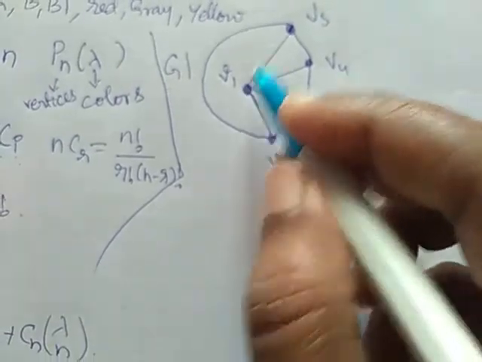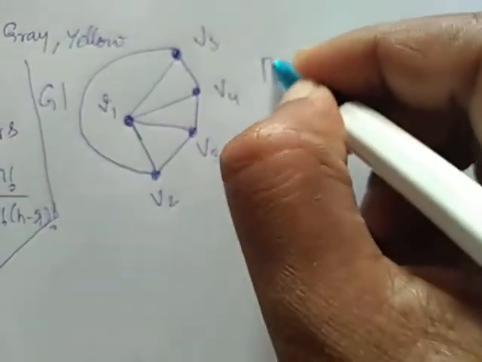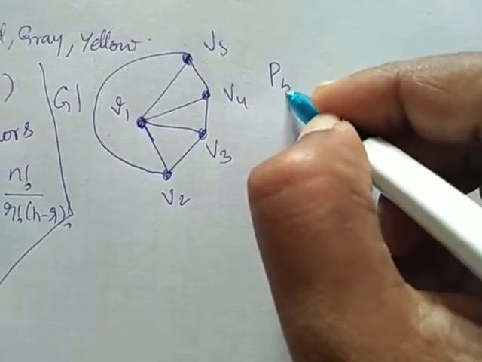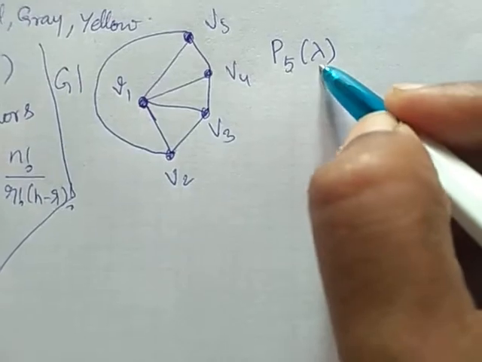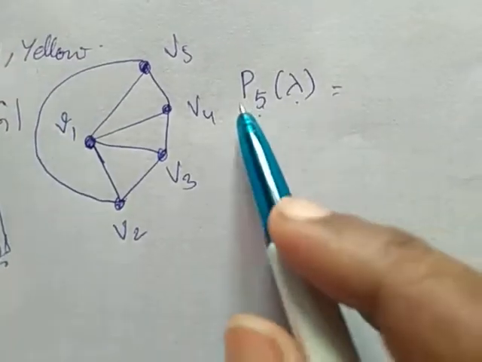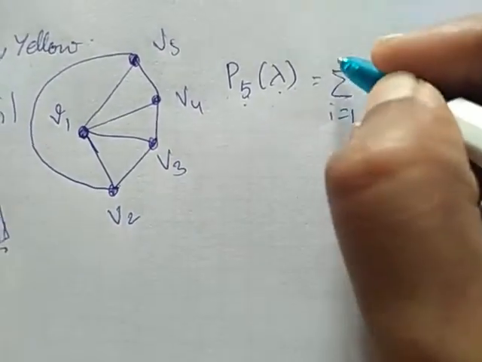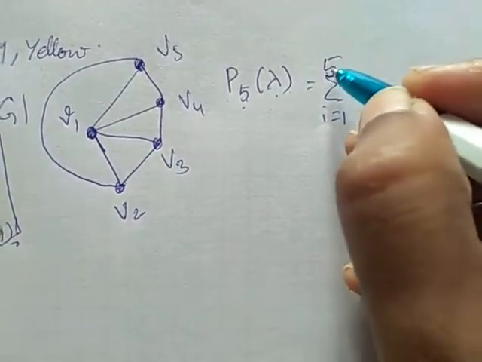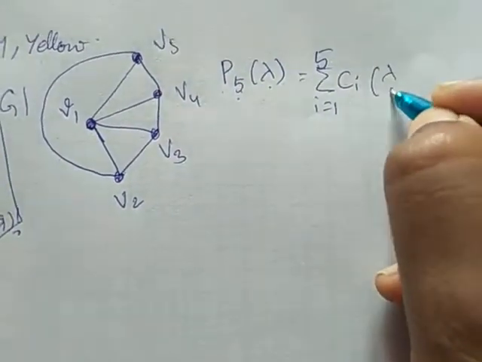Here we have 5 vertices. So what is our polynomial? It should be P n of lambda, where we have lambda number of colors. The formula for P5 of lambda is the summation of i equal to 1 to 5, because we have only 5 vertices here, Ci of lambda i.